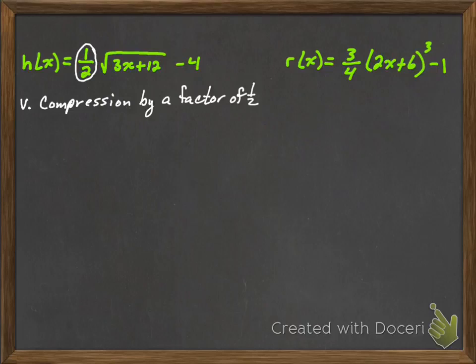Now, what we have inside here, since there is a number in front of the x, we have to factor that 3 out of both of these terms, which now makes it 3 parenthesis x plus 4.